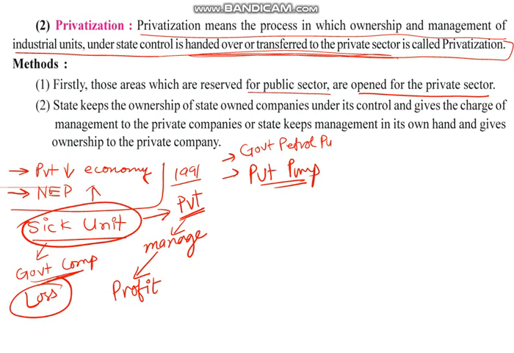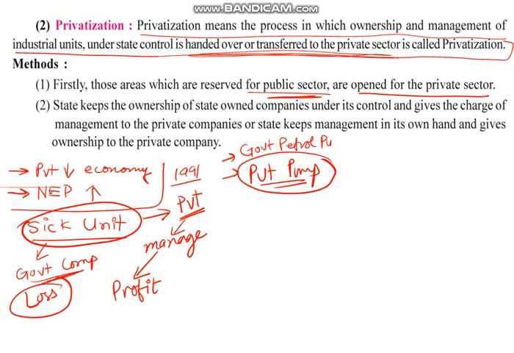Previously it was not allowed, but after 1991 this sector, this is just an example, this sector of petroleum was opened for private also. So certain areas which were reserved for the public are now open for the private as well.